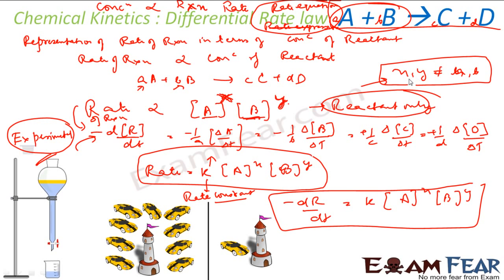I told you X and Y may or may not be A and B. Generally it is not, right, of the balanced reaction. So that is my rate law. Rate law is nothing but the expression in which the reaction rate is given in terms of molar concentration of reactants. Correct?